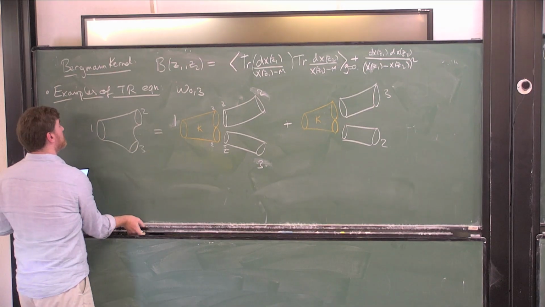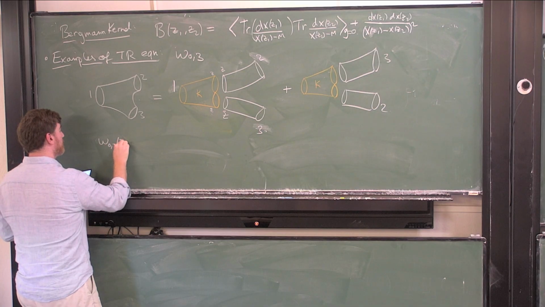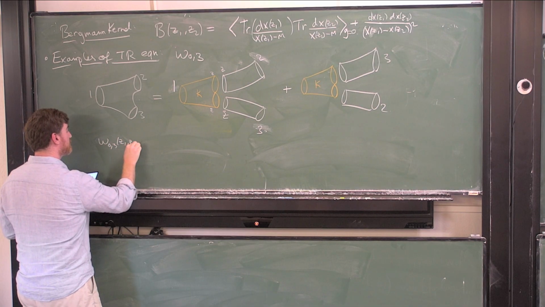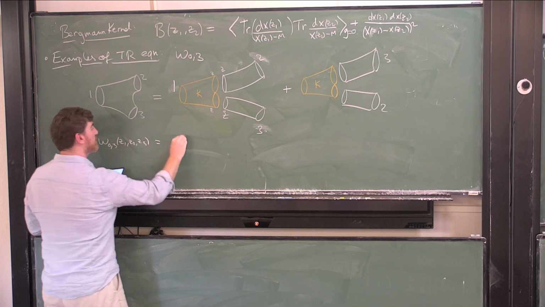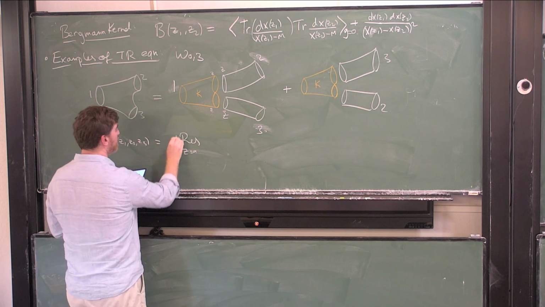so that tells us that W03, Z1, Z2, Z3 is going to be computed as the residue at Z is A. And we sum over all these branch points.